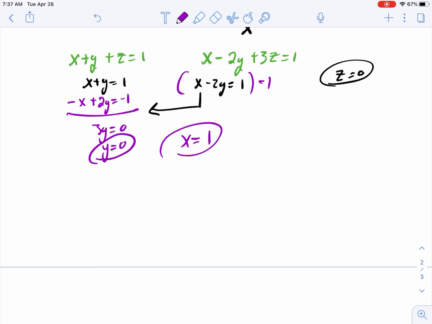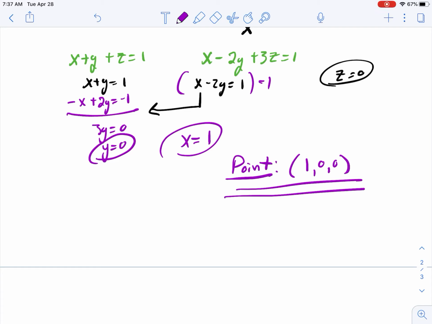And if y is 0, x would be 1. So what we have now is a point on the line. My point on my line is 1, 0, 0.